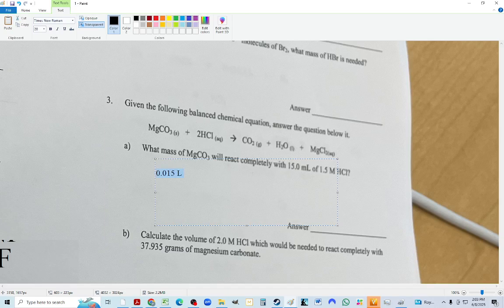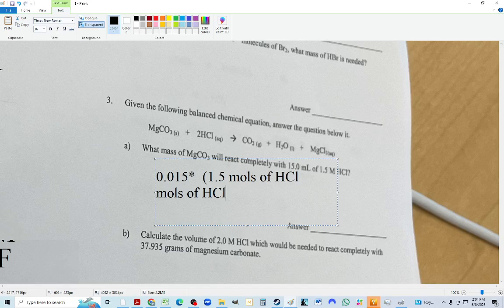Well, the first thing you should do is figure out how many moles of HCl you're dealing with. And to do that, you have to multiply by the concentration, which is 1.5 moles of HCl per 1 liter. You can see the words liters cancel. And so really you're just multiplying these two things together. Whatever that is, that'll tell you moles of HCl.